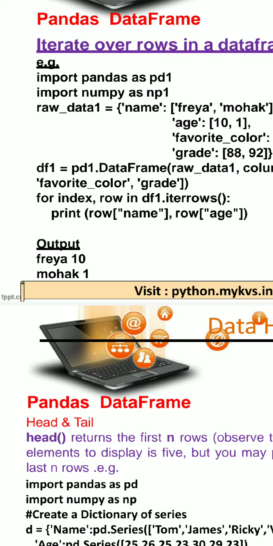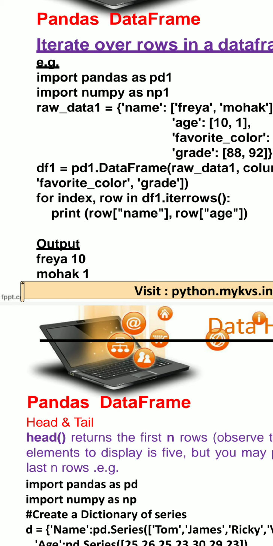If we want to display the value, we can use a print statement, and in row we have to mention the column name, whose data is to be shown, its data on a particular index position. Here we are mentioning name, so first name will be displayed, then age will be displayed, and it will continue till the last row. So you have to remember one method, that is iterrows.